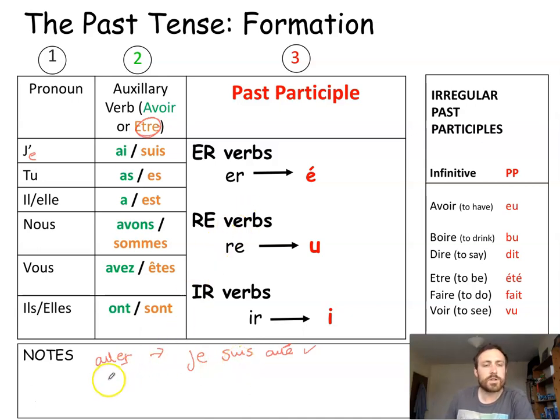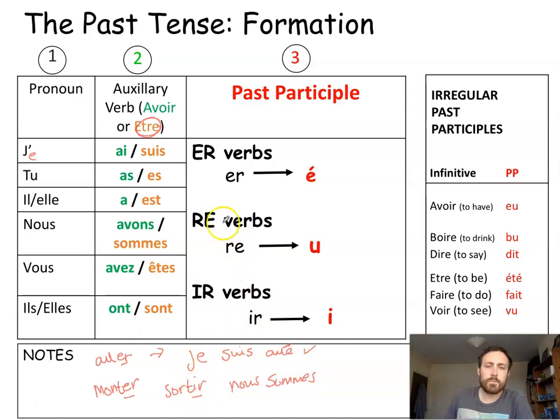Just to do one more example, let's do sortir because it's a different type of verb. It's an IR verb, and it's on the list of Mrs Vandertramp, so we're still going to use être. So let's take we went out. We use nous here. Now it's not avons this time, it's nous sommes.